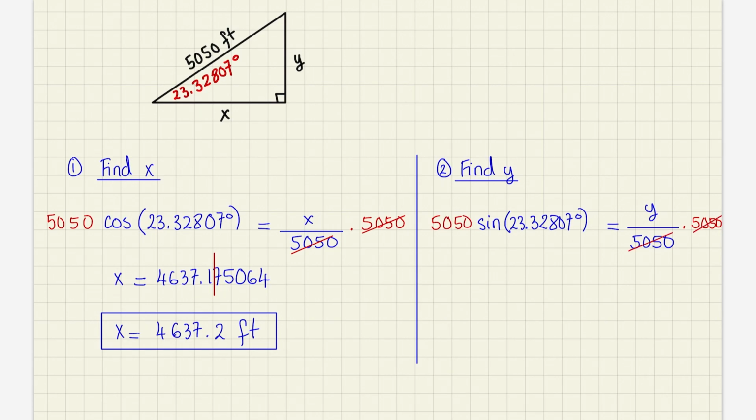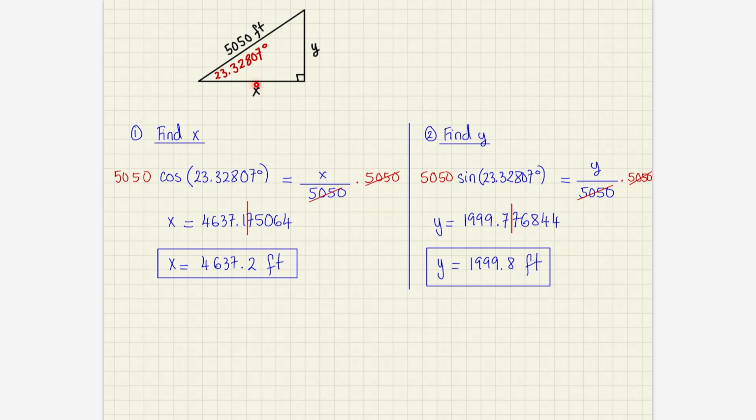So 5,050 cancels out, and I will have Y equals 5,050 times sine of 23.32807 degrees. I will put this in the calculator, and I got Y equals 1,999.776844. Rounded to one decimal place, that is 1,999.8 feet.